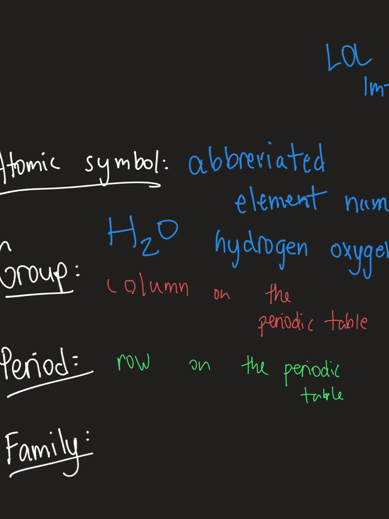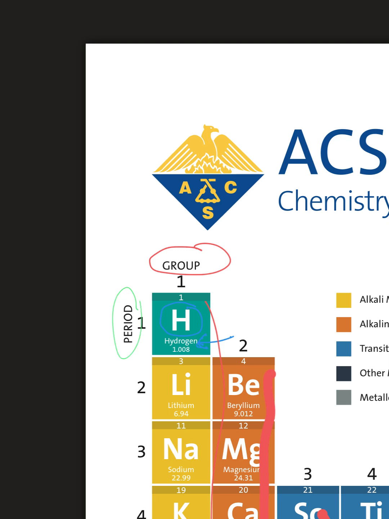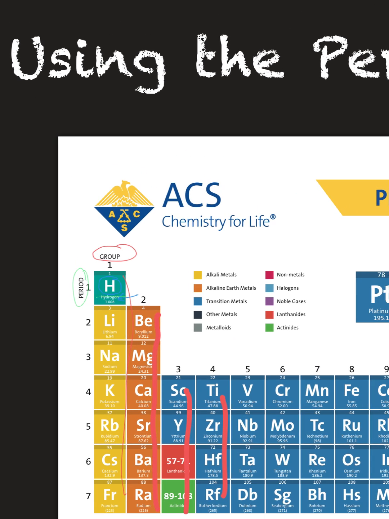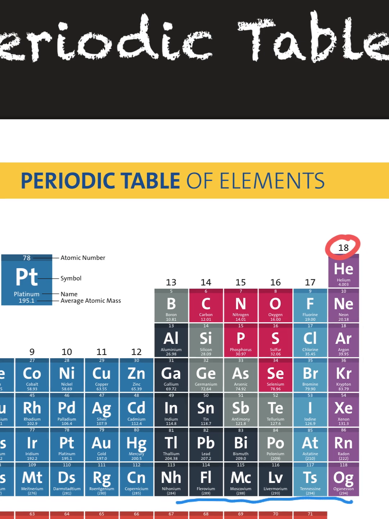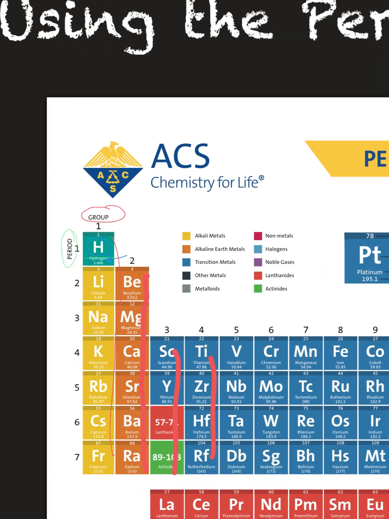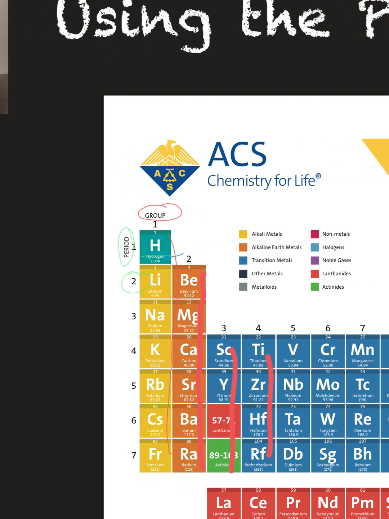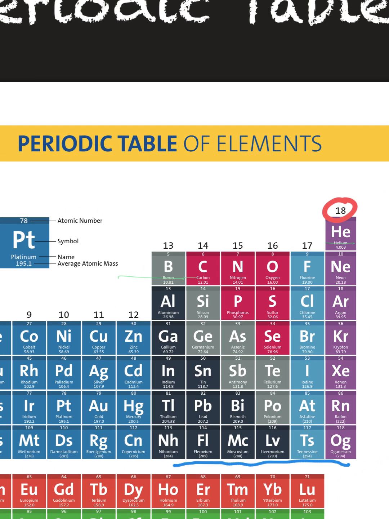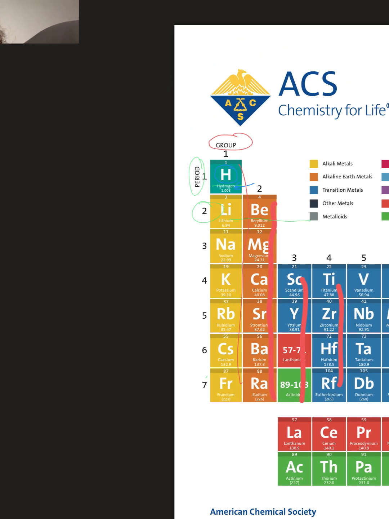So row 1 would be this all the way across, and it includes helium. Come back over here, this is period number 2, goes all the way across: lithium, beryllium, boron, carbon, nitrogen, oxygen, fluorine, and neon. So we have a total of 7 periods.